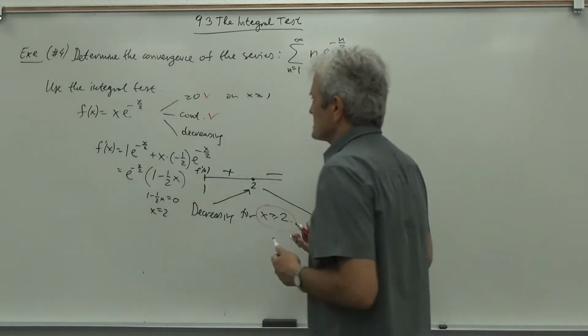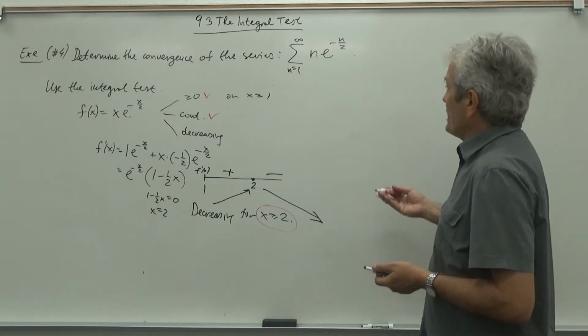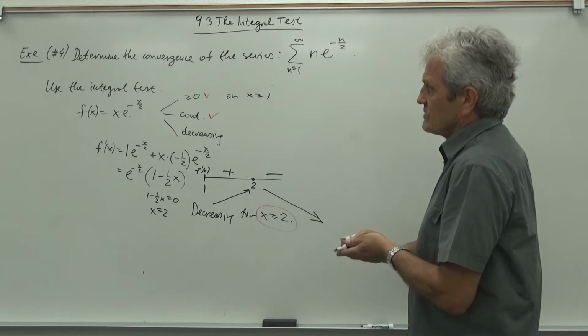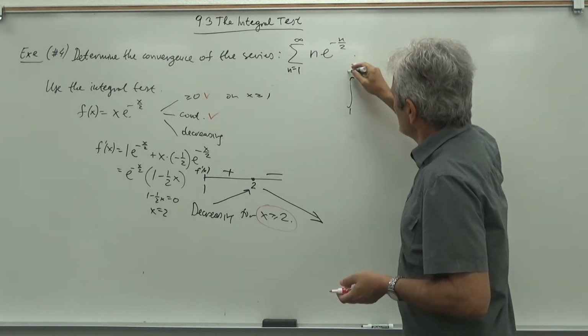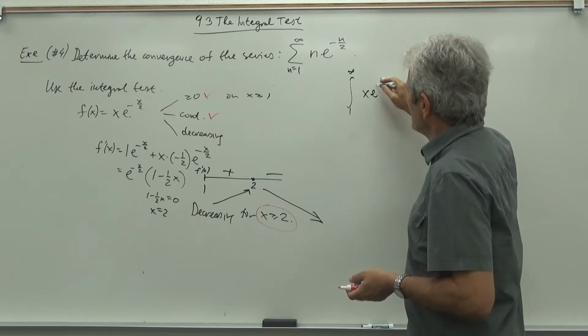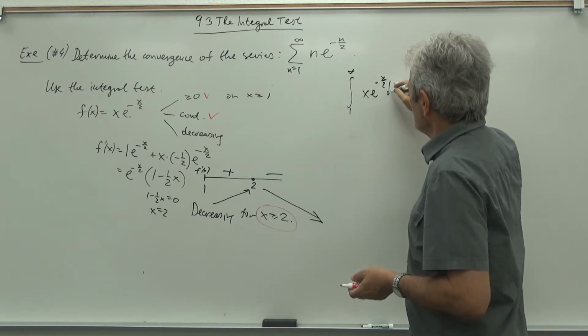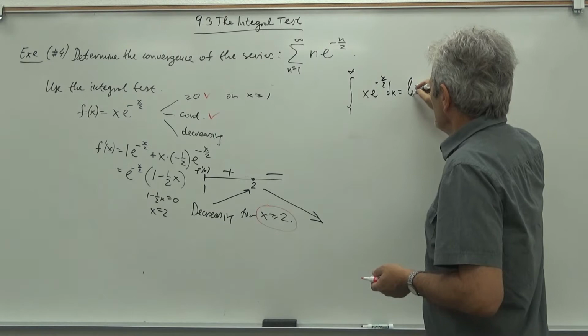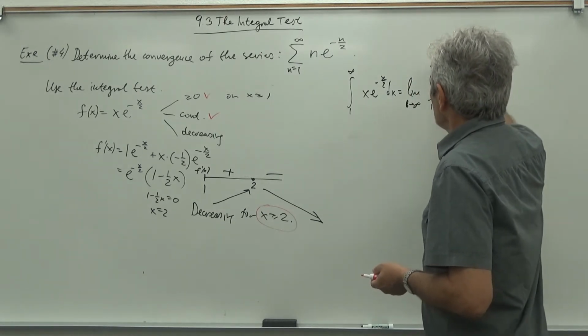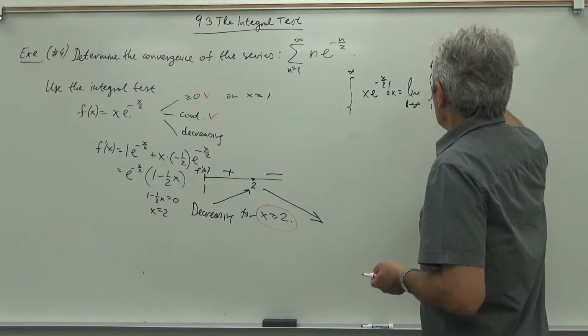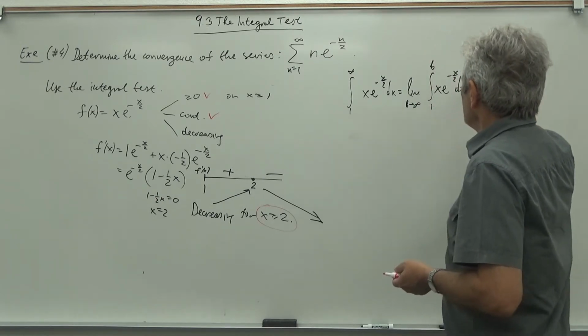So how do we apply it then? We analyze convergence. So we analyze the integral between 1 and infinity of x e to the minus x over 2 dx. What is this? It's a limit as b goes to infinity of the integral between 1 and b of x e to the minus x over 2 dx.